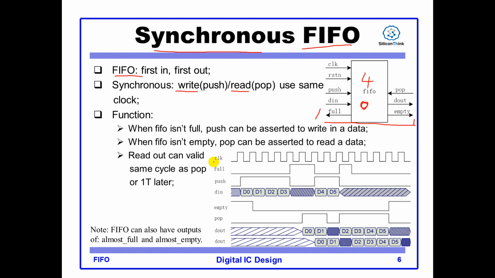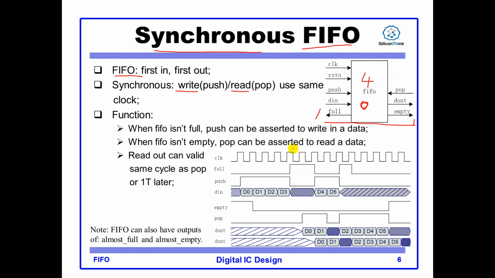So you can see the waveform here. For the write part, the waveform is something like that. You can push data every cycle. When you push data, you have to assert push high. And we assume this is a 4 depth FIFO.